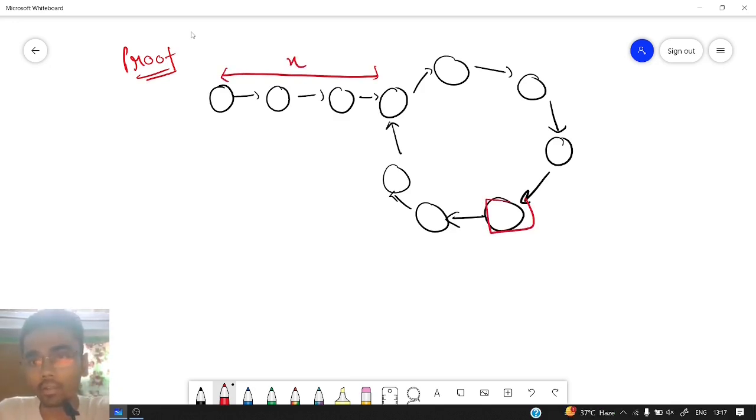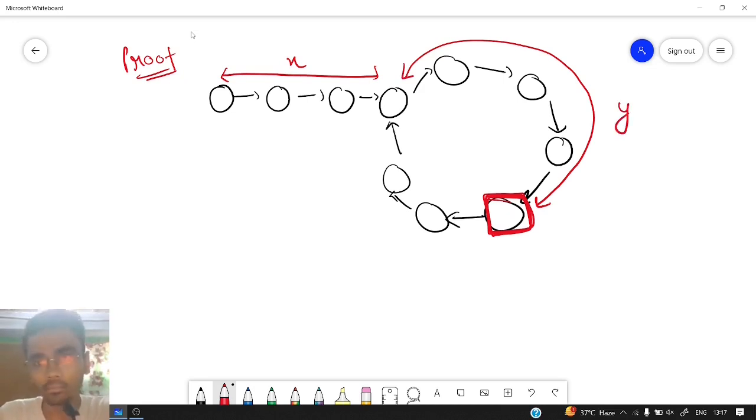This was the point where we detected our cycle, where our slow pointer and fast pointer were meeting. From here, the distance till they meet, let us name as y, and the length of the entire cycle we will name L. So we are saying that if we move slow pointer one step from here and fast pointer one step from here, they will meet at this point.